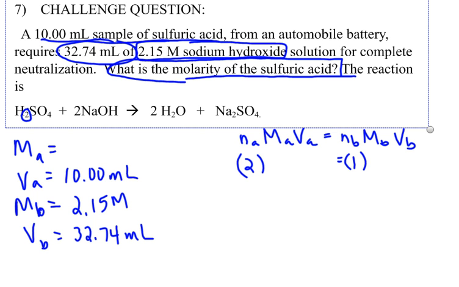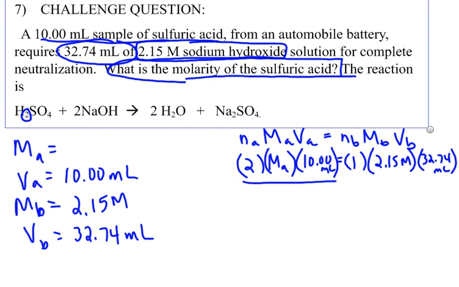Okay, so plugging things in, the molarity of the acid is our X. The volume of our acid is 10.00 milliliters. The molarity of our base is 2.15 molar. And the volume of the base is 32.74 milliliters.